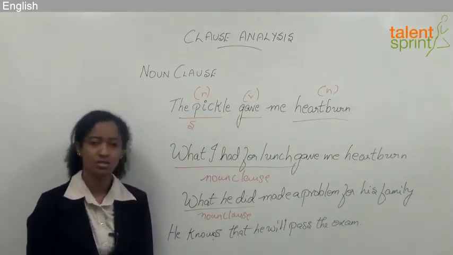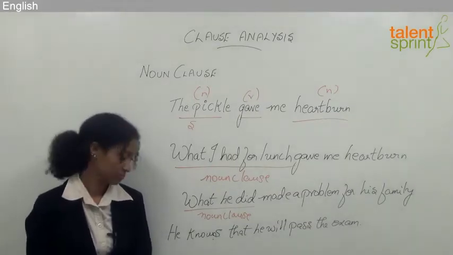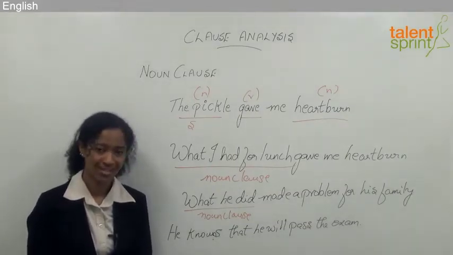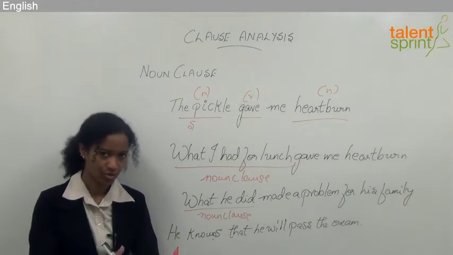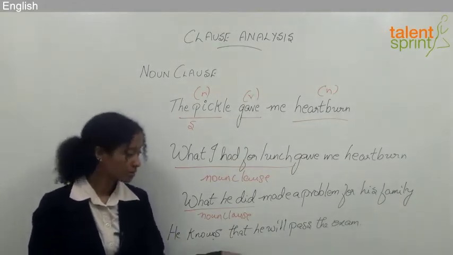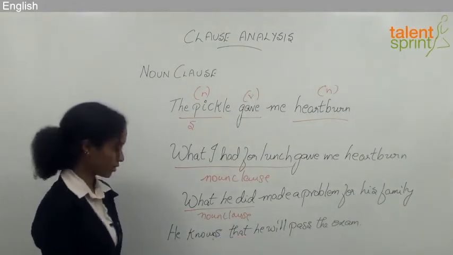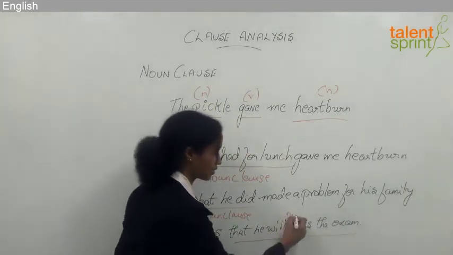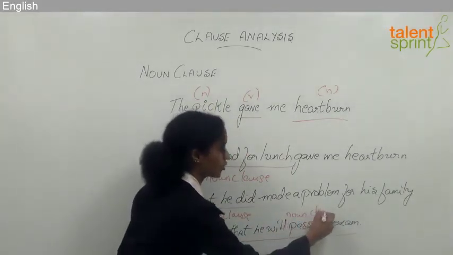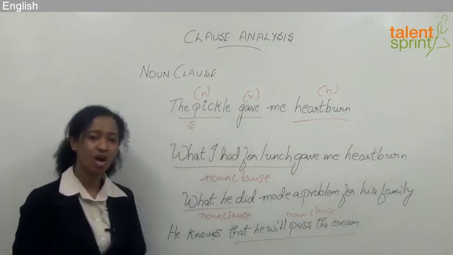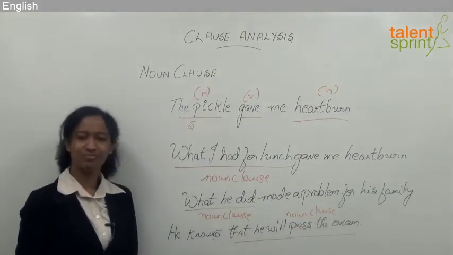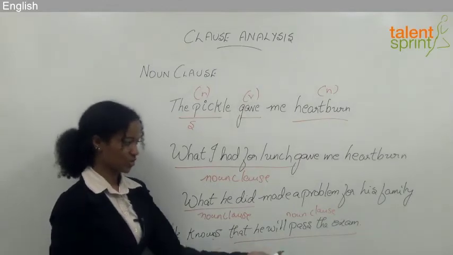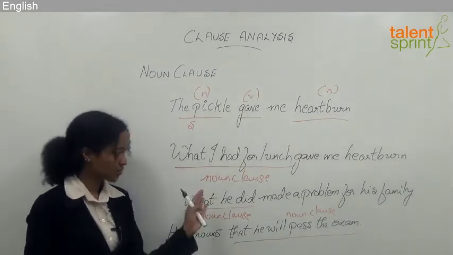So in this sentence, what's my verb? Knows. So I take out the knows, add who or what. He knows what? That he will pass the exam. So here, that he will pass the exam is my noun clause. So here the noun clause is functioning as an object to the verb knows. So this is an object noun clause, versus a subject noun clause.